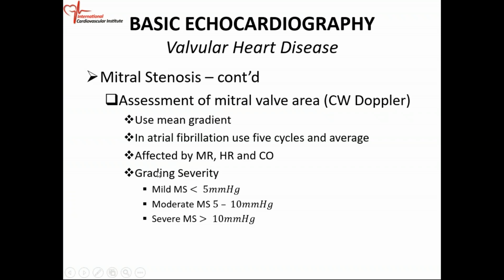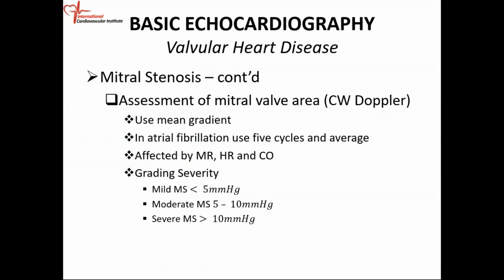Grading of severity has changed, so these numbers are no longer what we use. As a matter of fact, what we're saying now is if the gradient is greater than 5 millimeters mercury, then it's severe mitral stenosis.